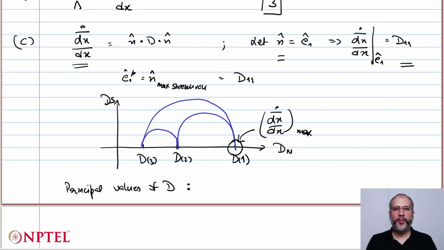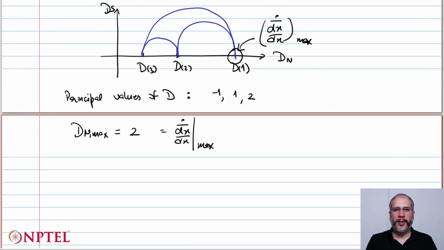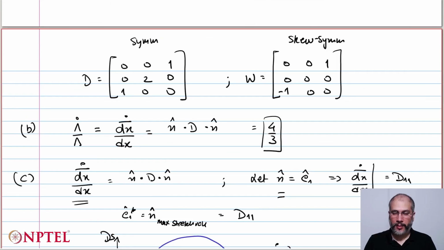So if I find the principal values of D, they come out to be -1, 1, and 2. So the D n max is 2, which is the maximum value for the rate of stretch per unit stretch. And since we also have to find the direction in which this occurs, if you look at D, we see that this value 2 is along the E2 direction and there are no components here and here.